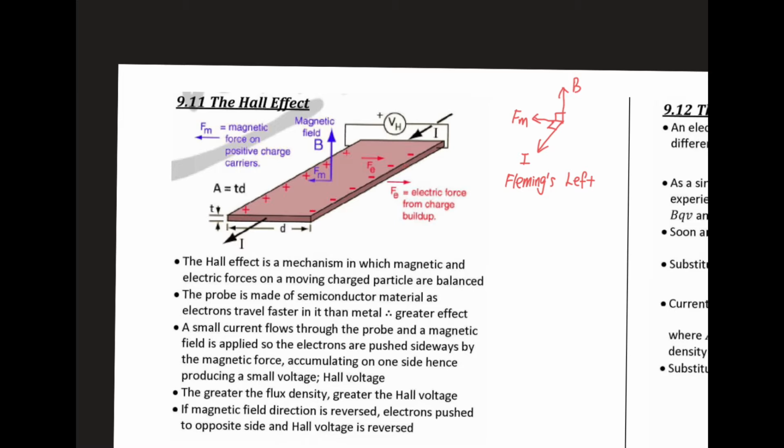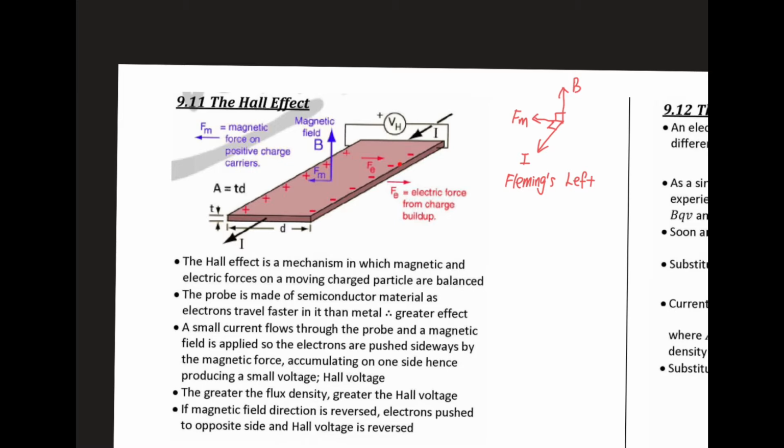After that, what is Hall effect then? Let's see here. The Hall effect is a mechanism in which magnetic and electric forces on a moving charged particle are balanced. What they are trying to say is same force: the Fm is equal to Fe.